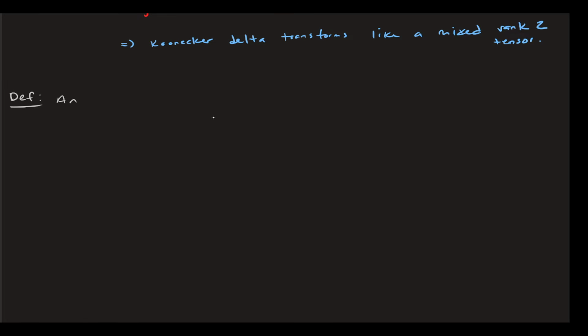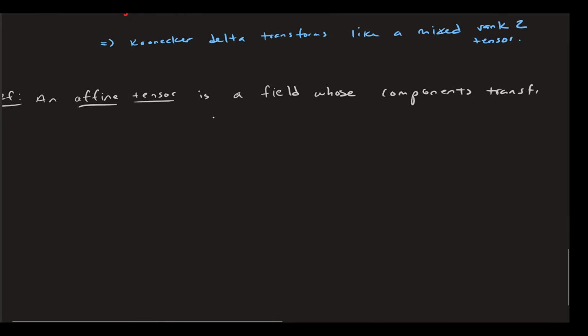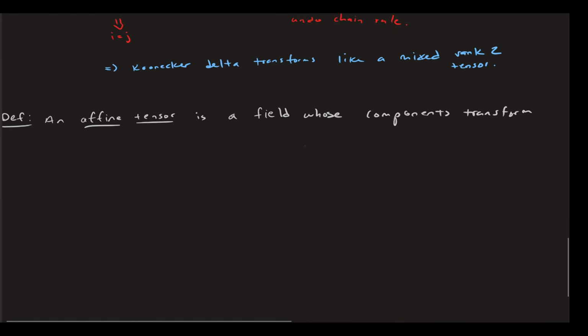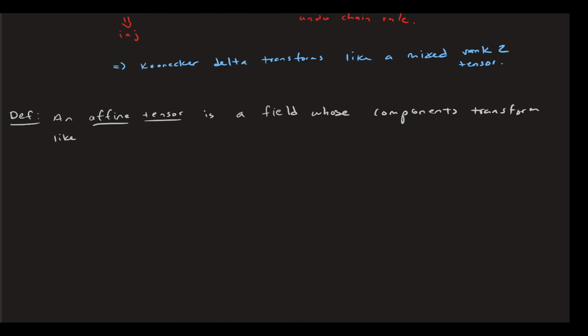An affine tensor is a field whose components transform like a tensor under an affine change of coordinates.